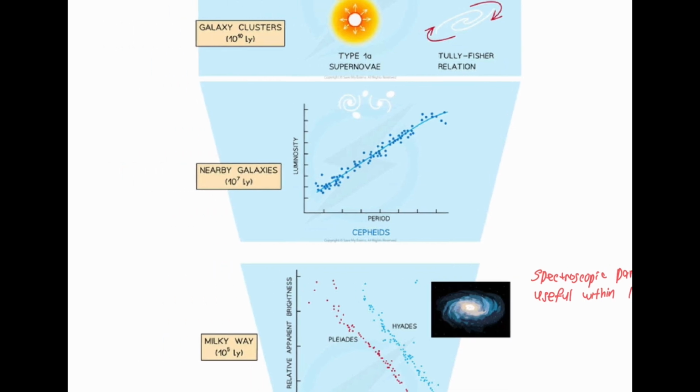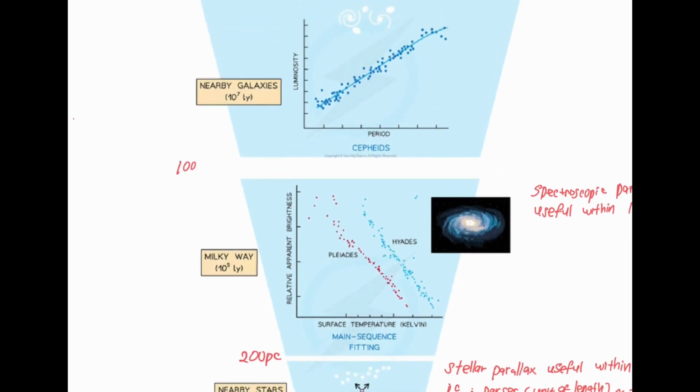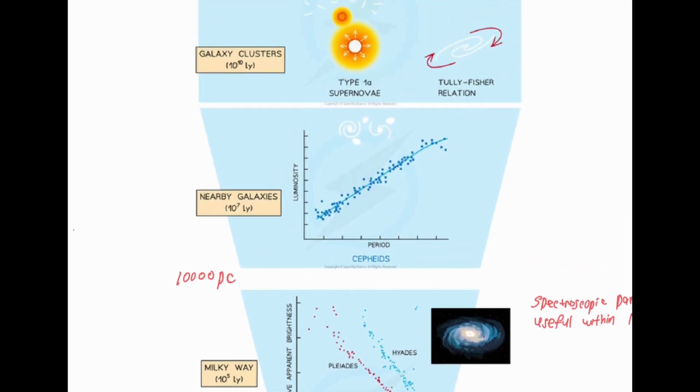Just now 200 PC, right? Until here is like 10,000 PC, and 10 to the power of 7 light year. Then we use this way, the standard candle we discussed before. And this is for variable stars.